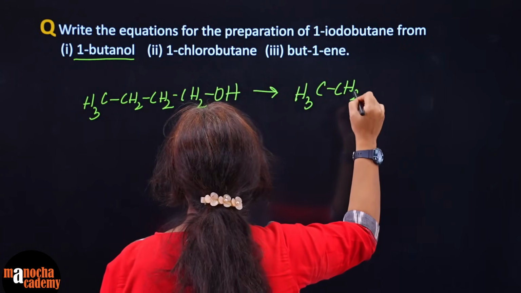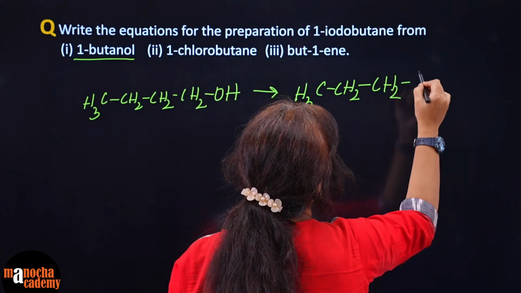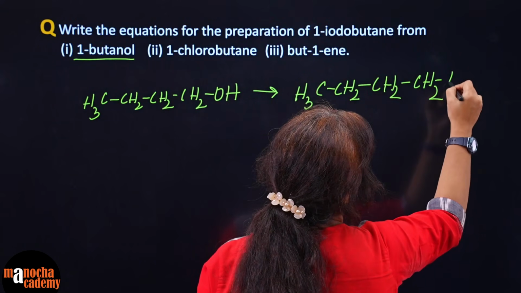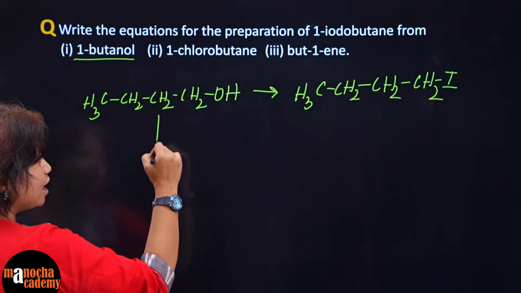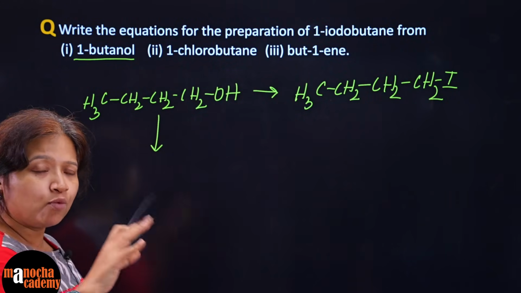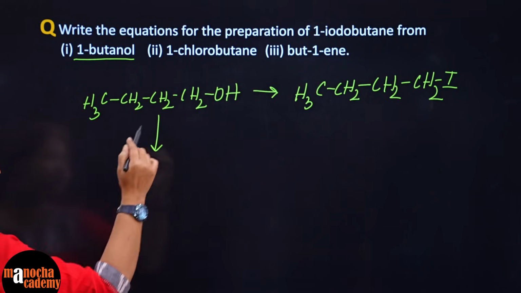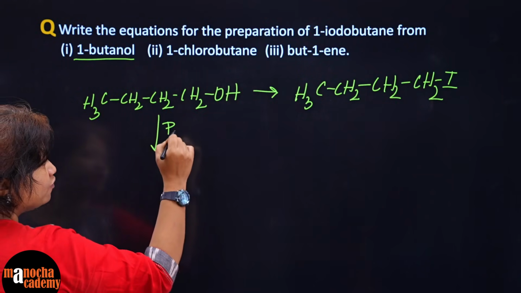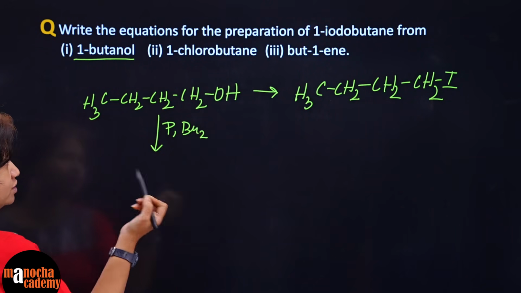And what we have learned to prepare iodo compounds: you can convert this to bromoalkane, and from bromo, by the Finkelstein reaction, you get the iodoalkane. So bromoalkane you can prepare by using red phosphorus with bromine or PBr3, it's up to you.